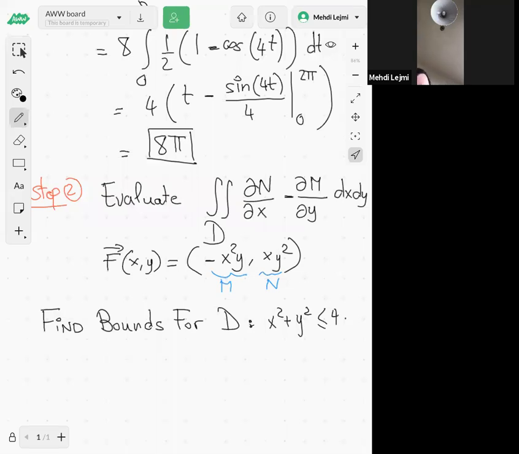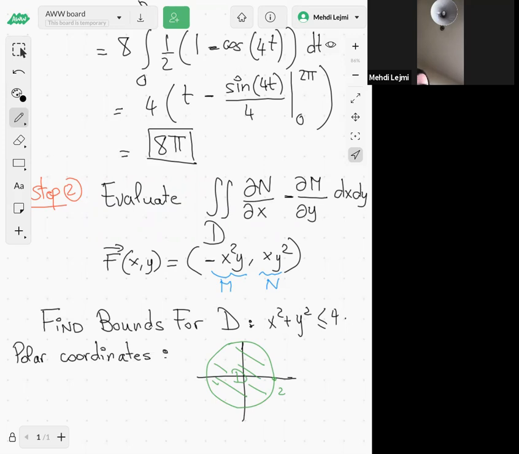So D can be described with the radius r between 0 and 2, and the angle theta between 0 and 2 pi, since it's the whole circle.